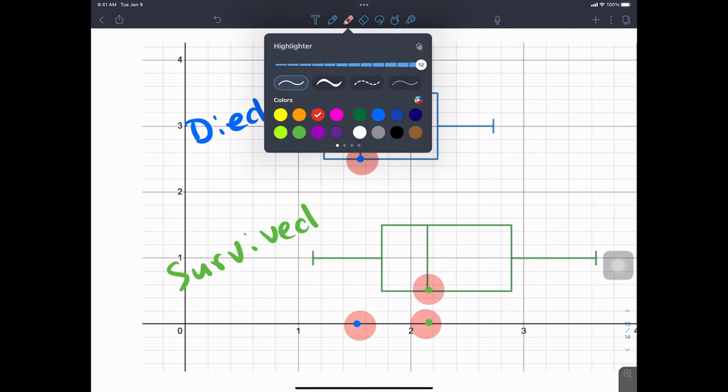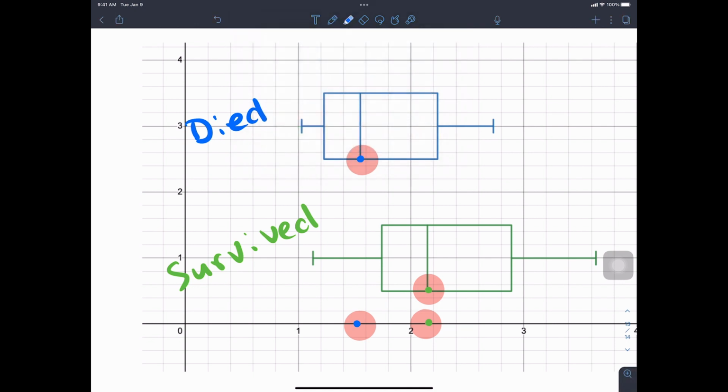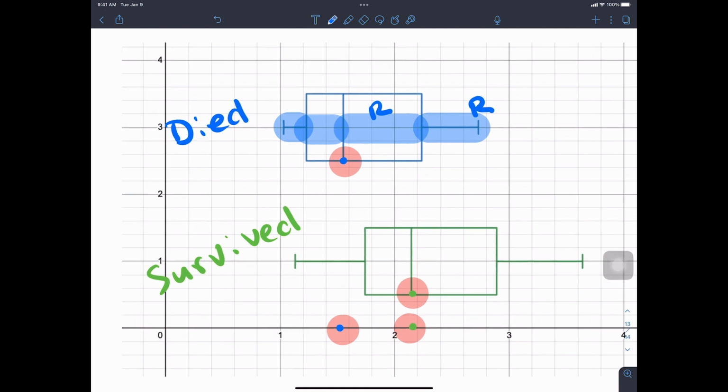Let's see the skewness of this, right? We have the left whisker and the right whisker. We also have the left length of the box and the right. Oh, in both cases, what's the deal? The right side is longer here. The right side is also longer here. What are we going to say?